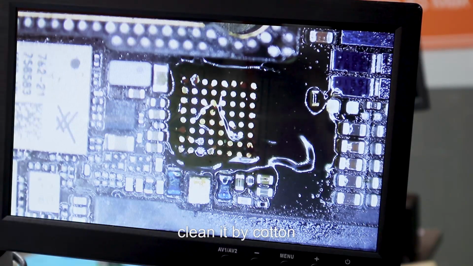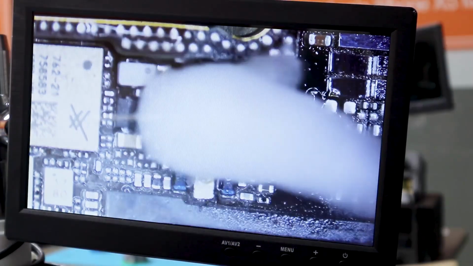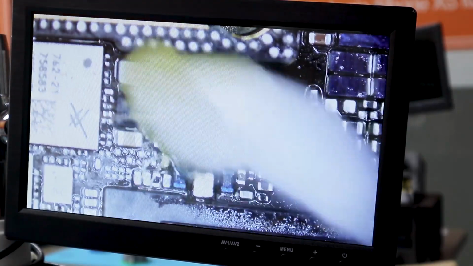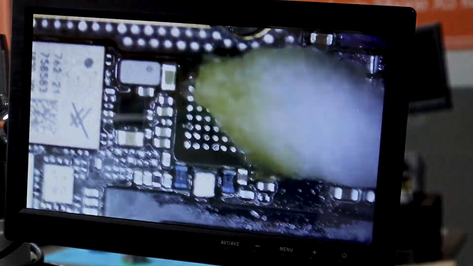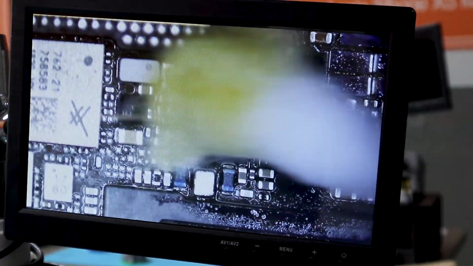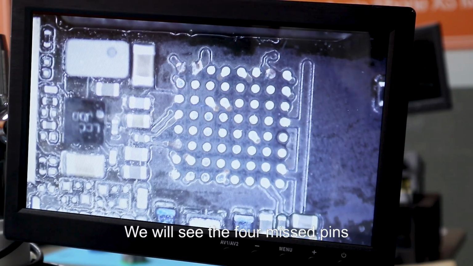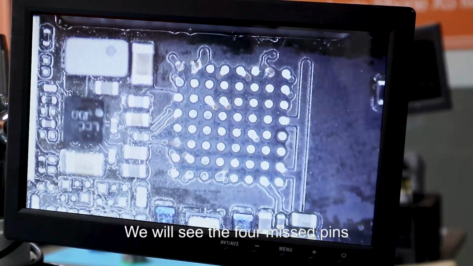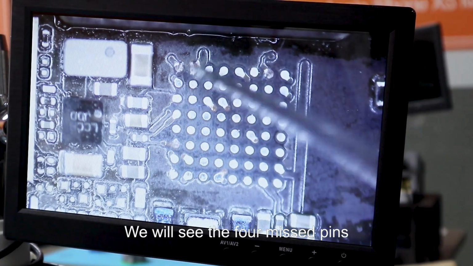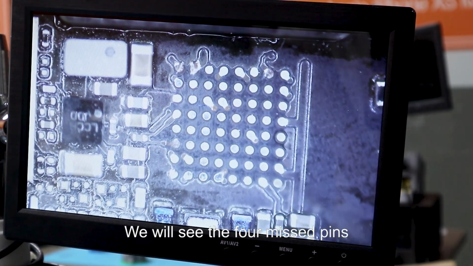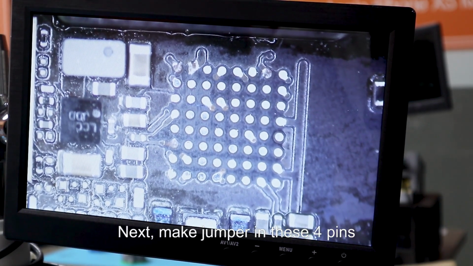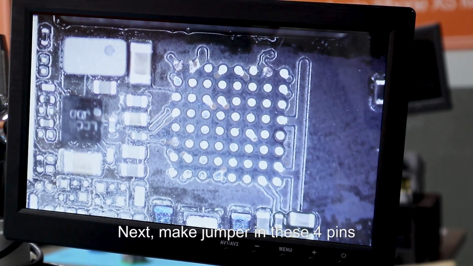Clean it by curtain. We will see the 4 missed pins. Next, make jumper in these 4 pins.